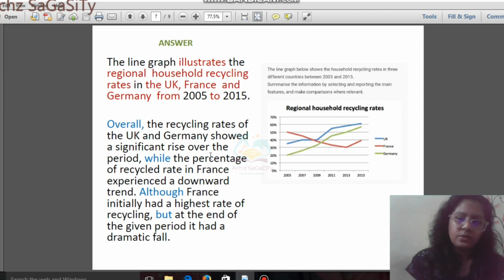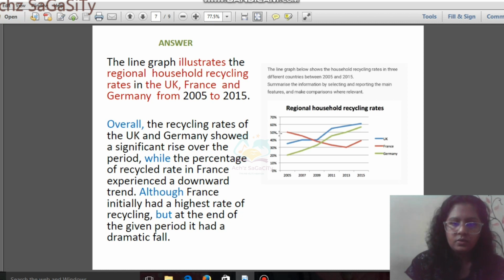Although France initially had the highest rate of recycling, at the end of the given period, it had a dramatic or drastic fall, because it had a huge fall. So we can use those particular words. So we used different cohesive devices in this overview. You can check it out: overall, then while, then although, but. So try to use proper cohesive devices if you are writing the report.